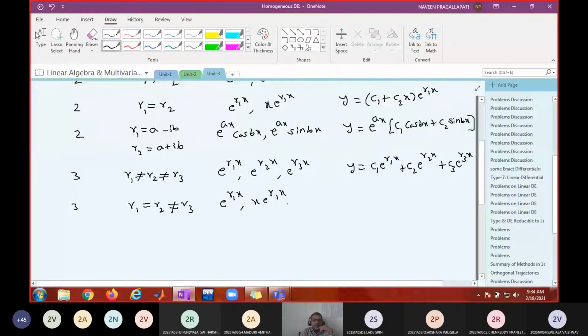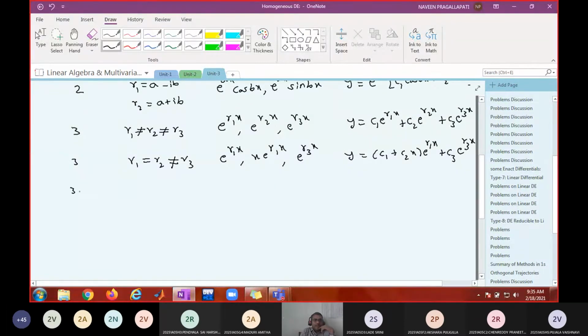What is the third solution? e power R3x. So what will be the general solution? C1 plus C2x into e power R1x plus C3 e power R3x. Is this clear?